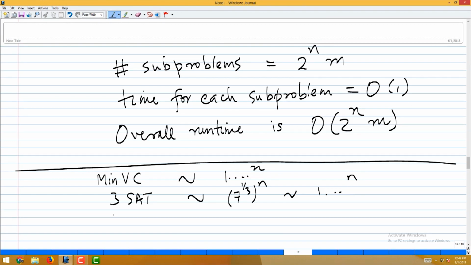For TSP, general TSP, we saw some 2 power n n square, because the brute force here would be n factorial.